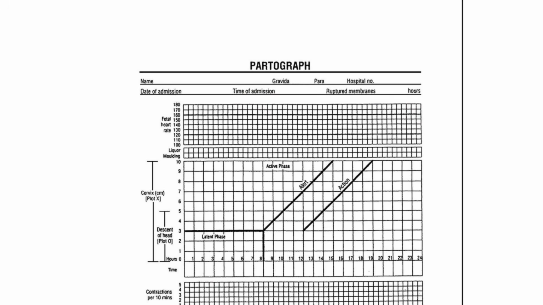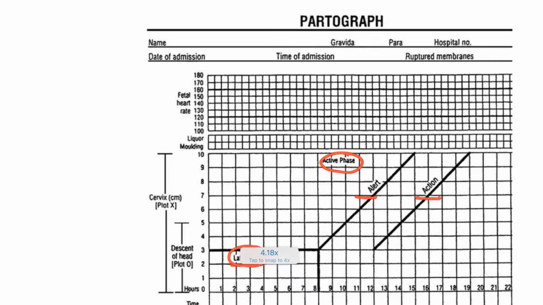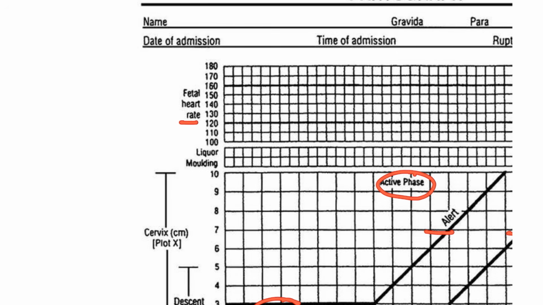Next, this is the partogram. We are going to start counting from the latent phase. There is an alert line and an action line, which is the new addition in the WHO type of partogram. We monitor the fetal heart rate every hour, and also the liquor, any liquor leaking, and molding.